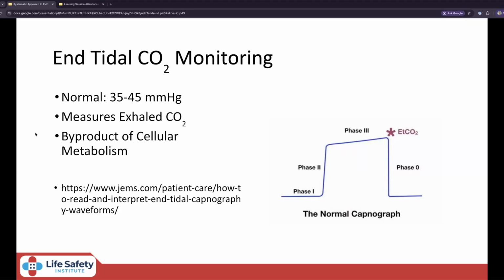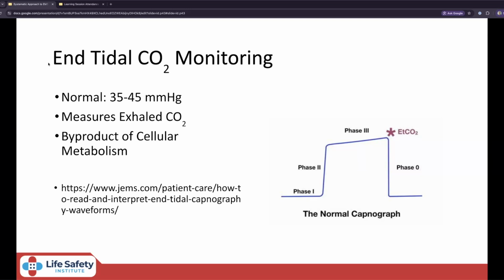The byproduct for us is CO2, carbon dioxide, right? C for carbon, O for oxygen, 2 for carbon dioxide. CO2 is a byproduct of aerobic cellular metabolism, right?